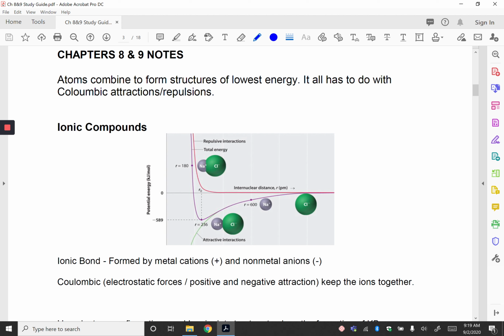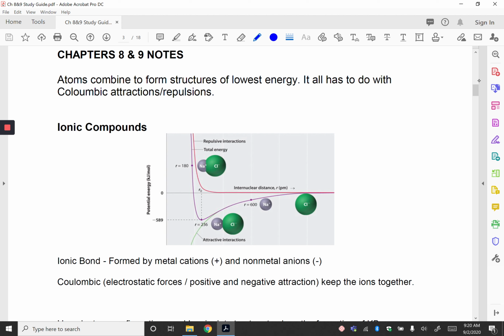But we do have some repulsive forces, which are shown by the red. The purple is the attractive forces. Obviously it's good to put them together because they attract each other. But we also have repulsive forces because you don't want their electron clouds to overlap, because an electron cloud is negative. So two electron clouds, even if you have a positive nucleus, it's not good, right?